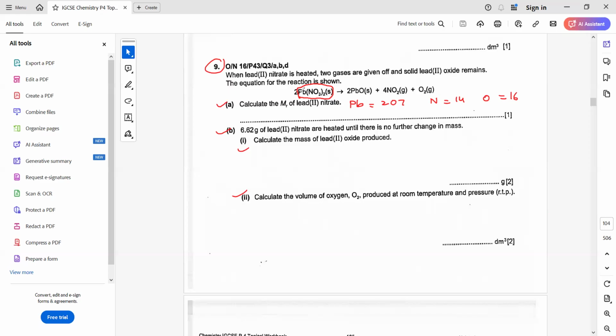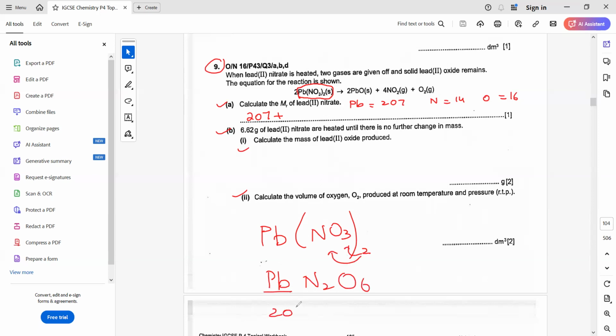I have one of the answers. Lead is Pb, then nitrogen here. The formula is like this: Pb(NO3)2, and outside here you see 2. So basically lead is 1, N is 2, O is 6, because this 2 is multiplied with both of them.